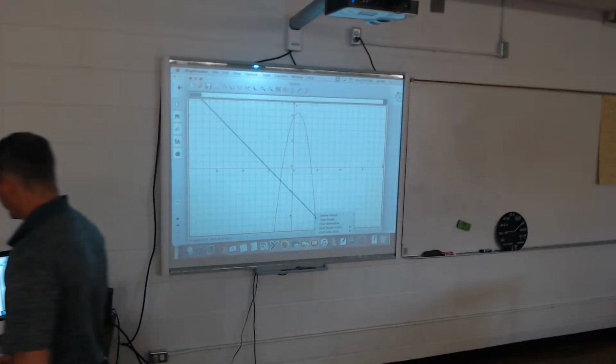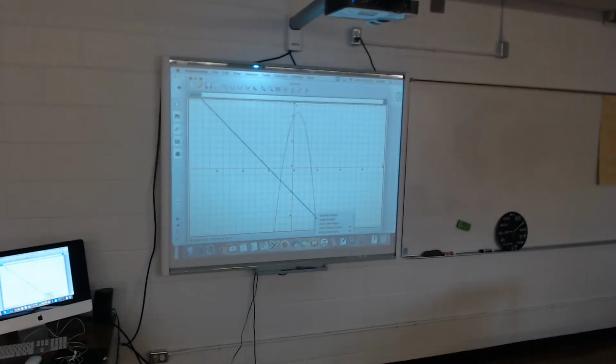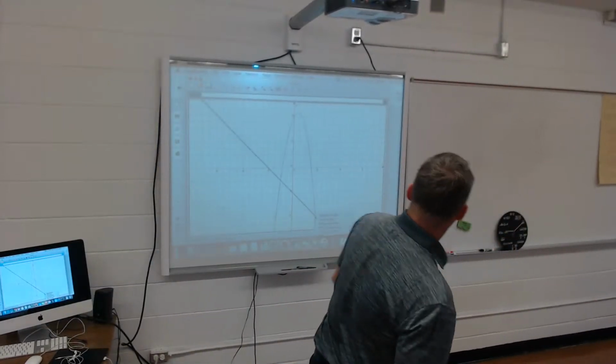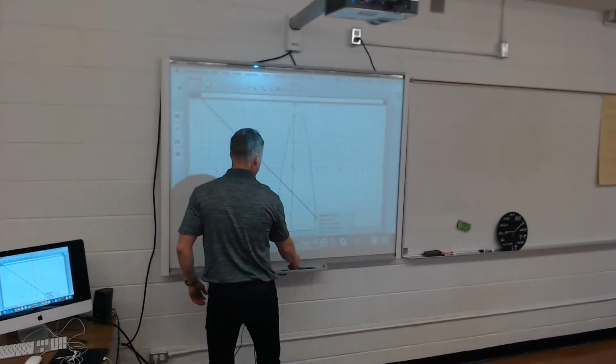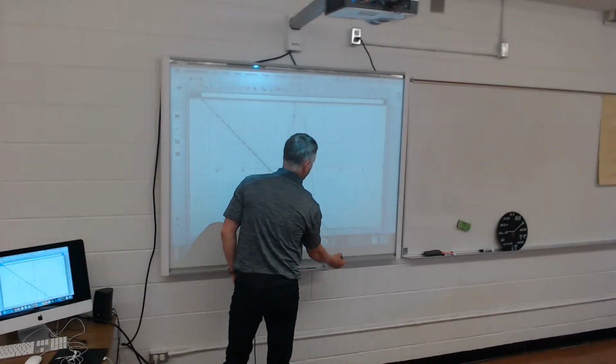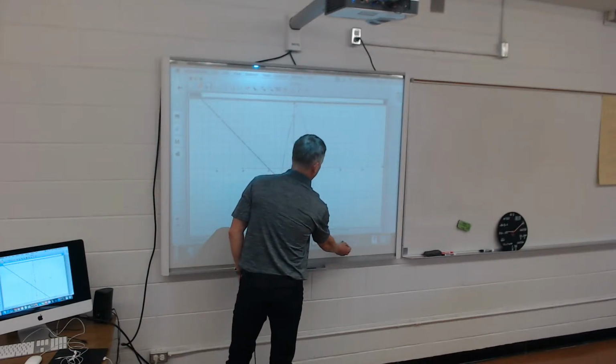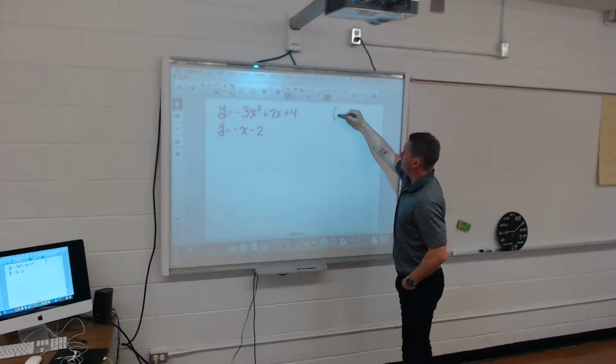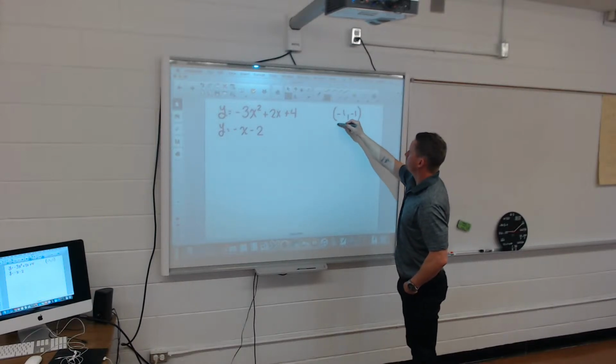Well, what do those 2 intersection points tell me? What I found out, obviously, is where the 2 intersect. My 2 intersection points were negative 1, negative 1, and 2, negative 4.